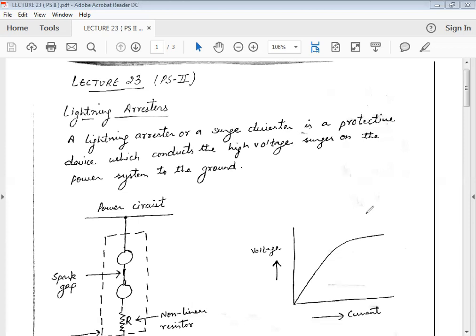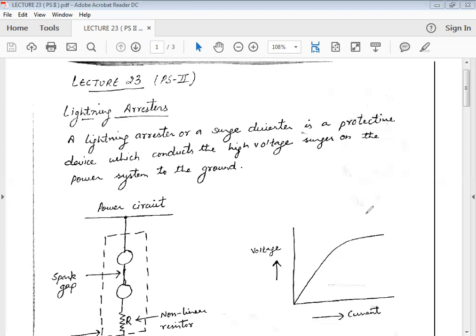The ground wire is placed above the phase wire, so that in the case of a lightning discharge, a direct lightning stroke, all the excessive current goes through the ground wires without disturbing the phase conductors, the live wires.